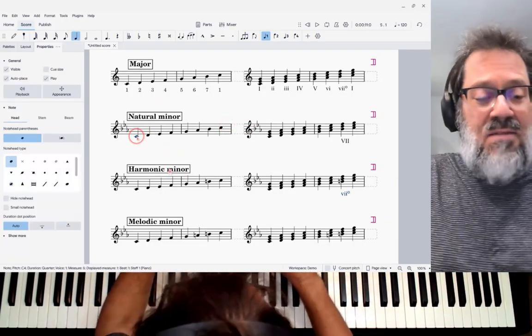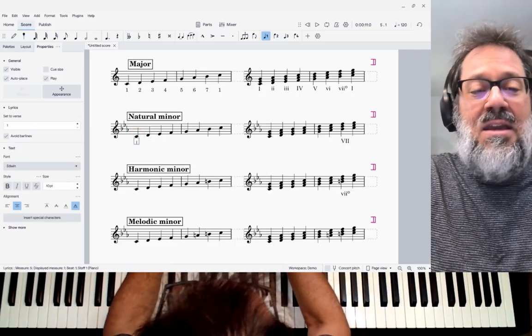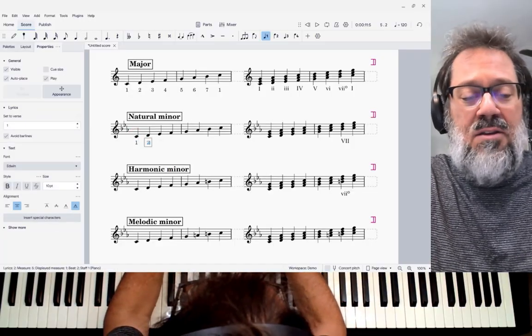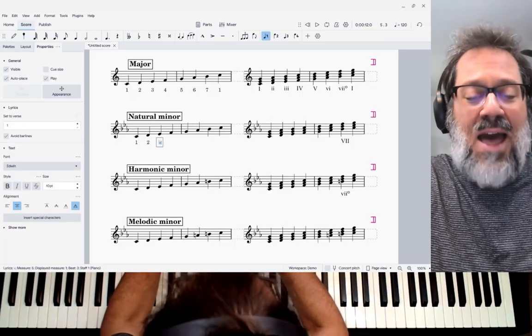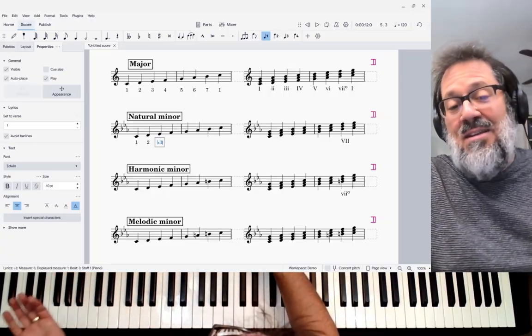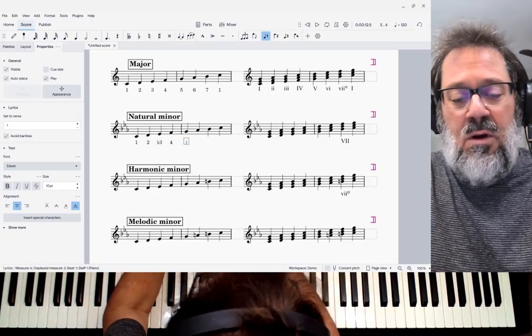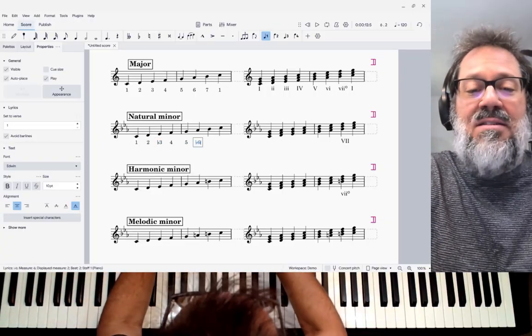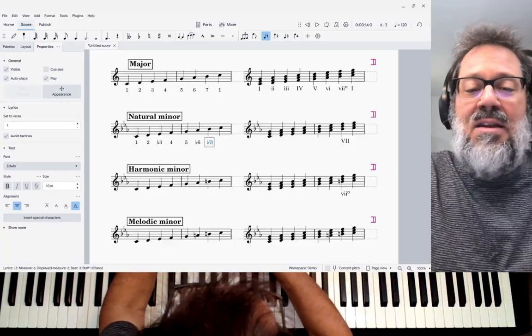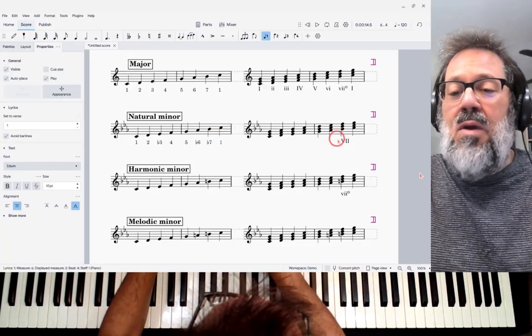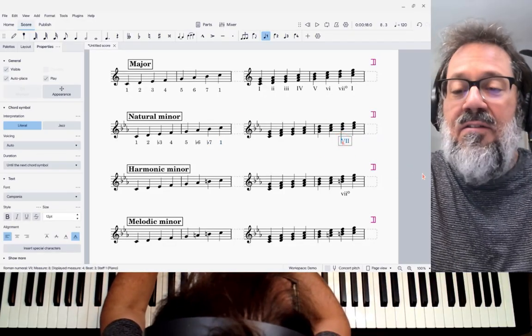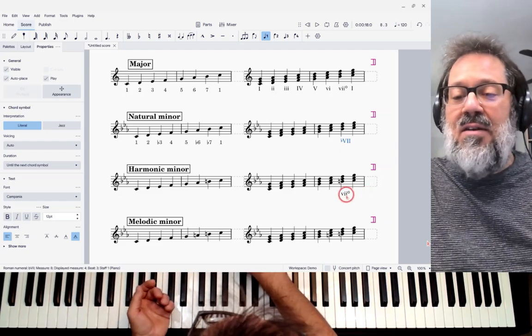So even in a minor key, we would label these scale degrees 1, 2, and then flat 3, because it's flat compared to major, and then 4, and then 5, and flat 6, flat 7, and then back to 1. We will call this major chord here flat 7 major.